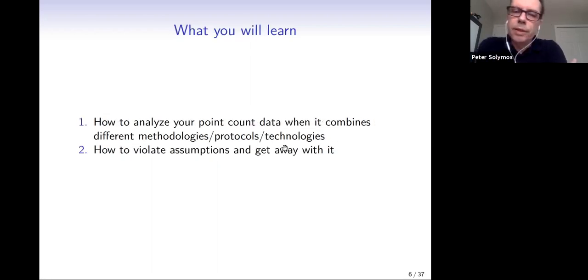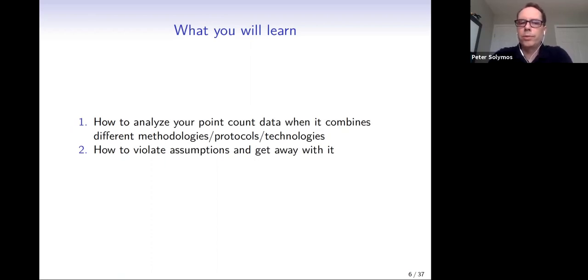So in this course, you're going to learn about how to analyze point count data, and not just a very specific project, because that is usually well thought out and you have a specific design that meets your expectations about what you want to study and how you want to study it.